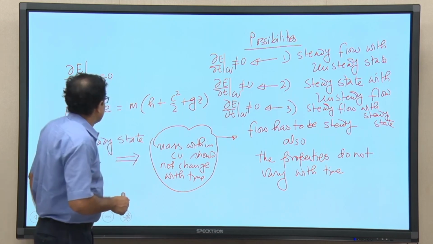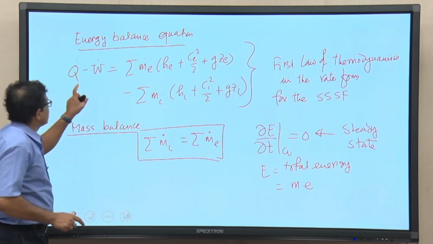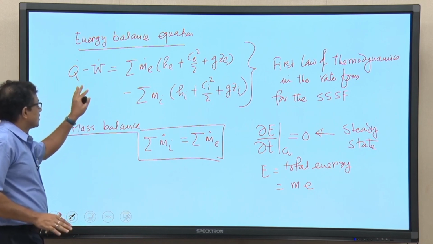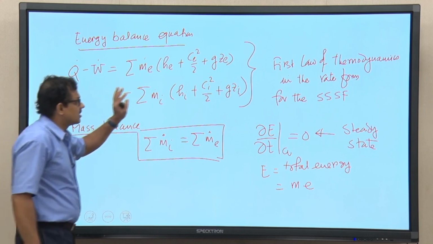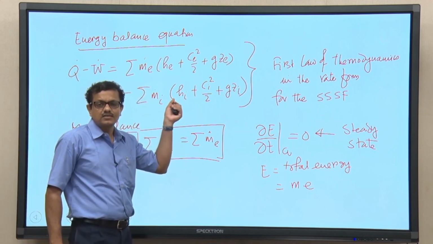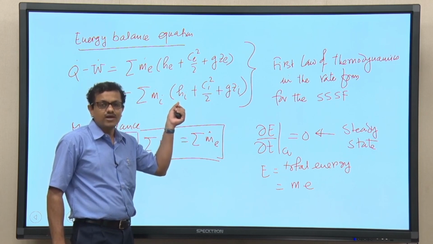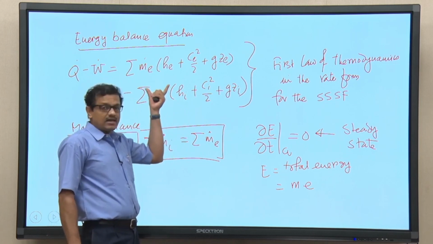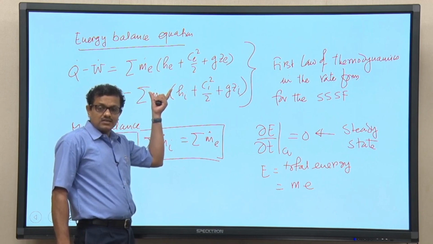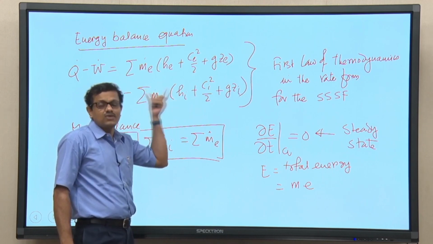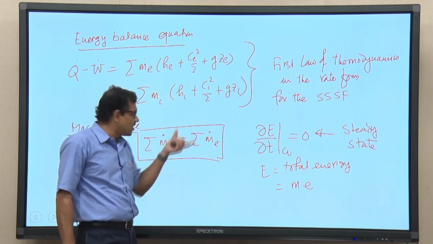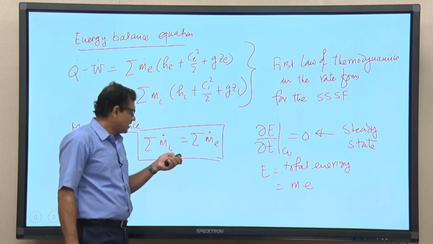So, you know whatever we have written, that the energy balance equation, that is the first law of thermodynamics, in the rate form applied to the steady state steady flow process across the control volume. To attain this equation, this energy balance is not a balance in an isolated manner, but it has to be coupled with the mass balance, right.